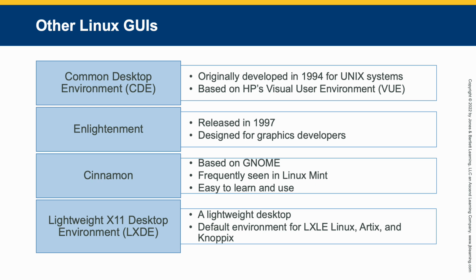CDE included a suite of productivity applications such as File Manager, text editors, and terminal emulators, which were designed to integrate seamlessly with the desktop environment. Despite its initial popularity and widespread adoption in enterprise environments, CDE eventually faced competition from more modern and flexible desktop environments like GNOME and KDE.